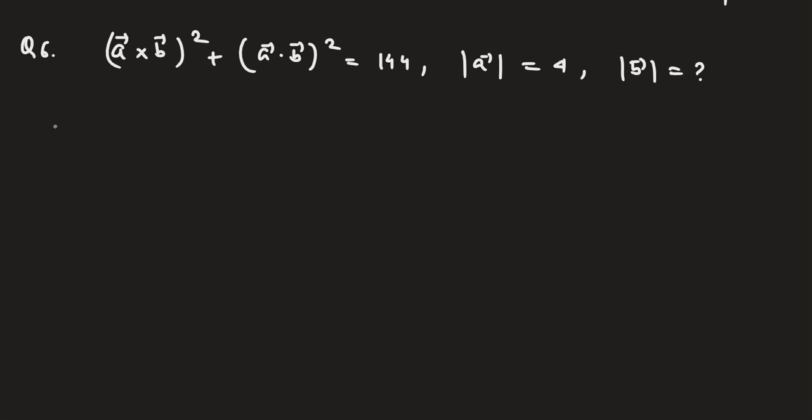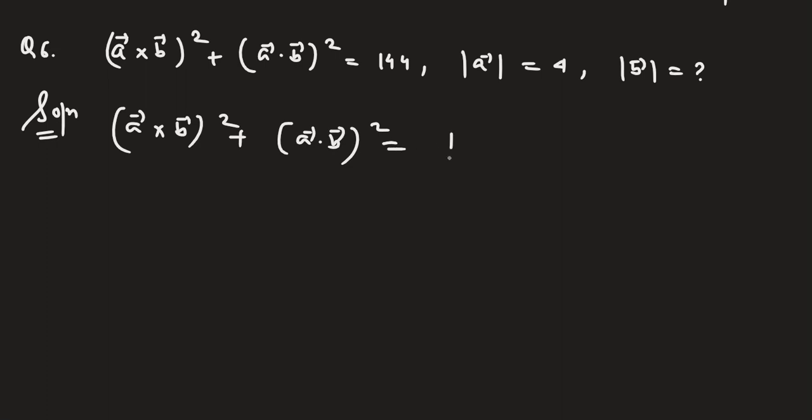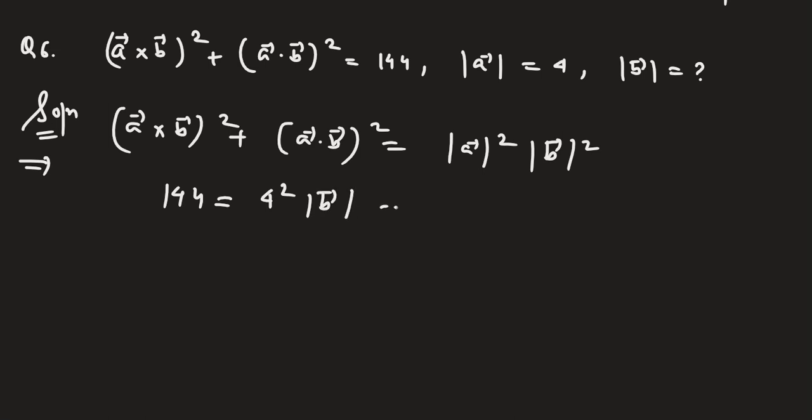So all of you know about this identity: a cross b whole square plus a dot b whole square is nothing but mod a whole square into mod b whole square. So this value is given as 144 and it is 4 square into mod b square. So mod b square is 144 by 16, that is 9.